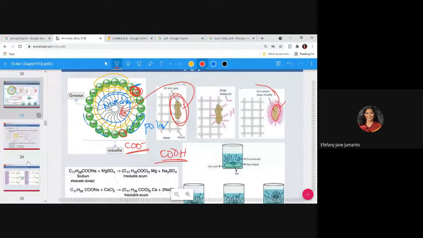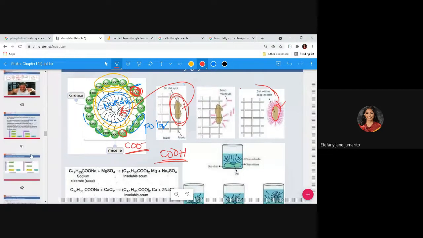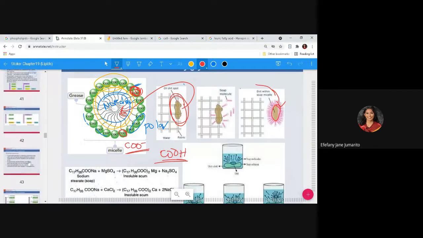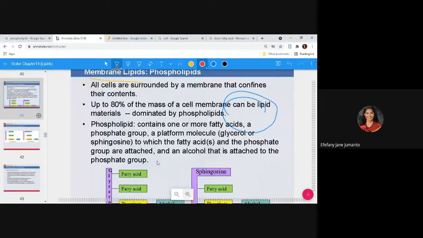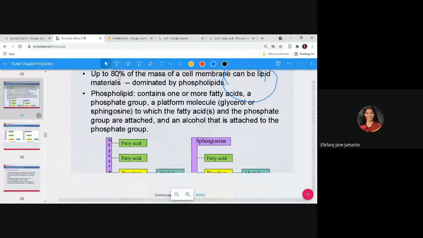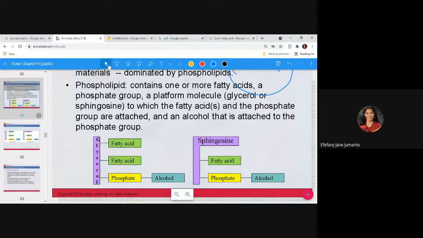And then for your phospholipids, what makes the polar region polar is this one: the phosphate and your alcohol.